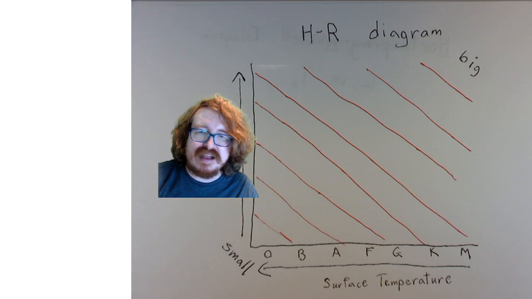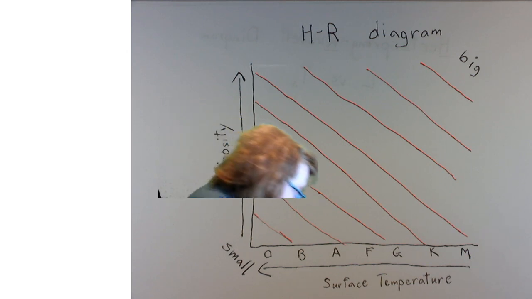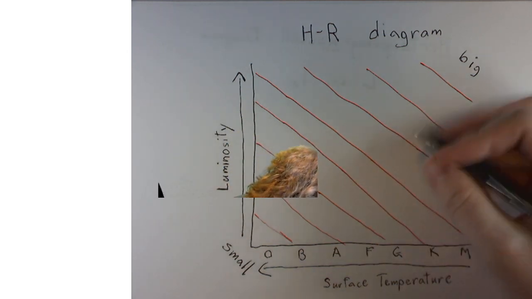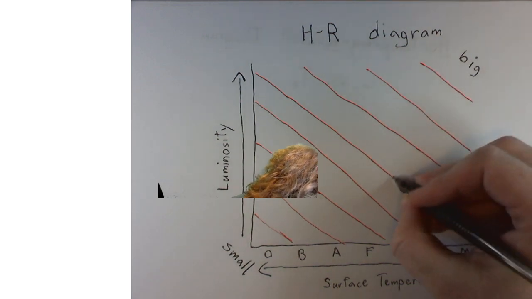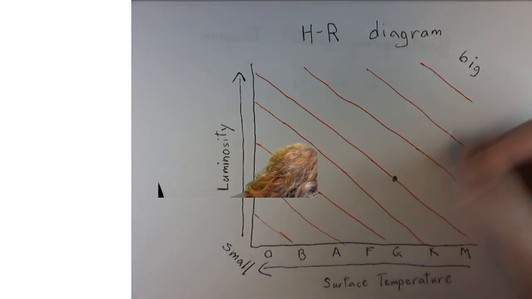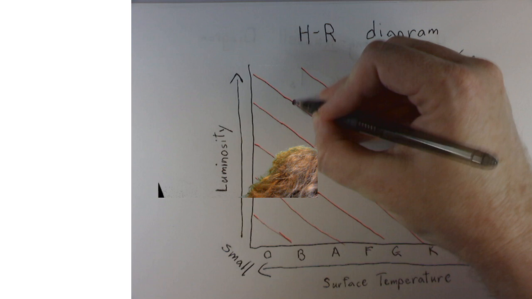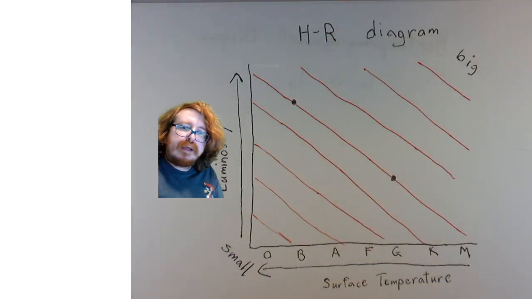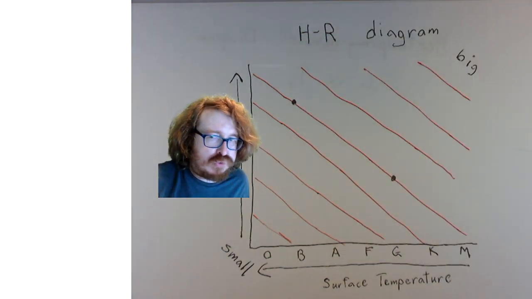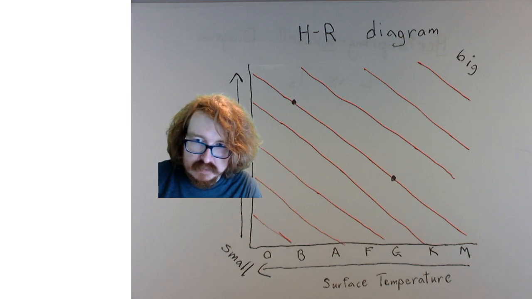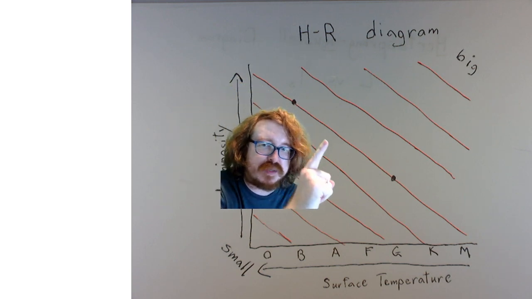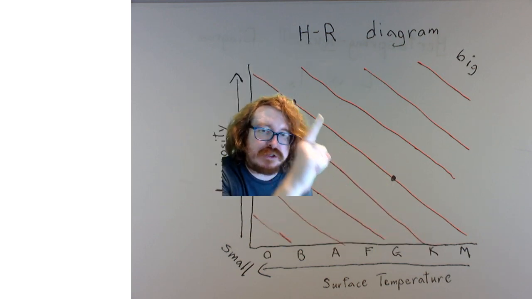So if we had two random stars on here, like let's say there was a star right here, and there was another star right here, then I already know that those two stars are the same size, right? Those two stars are the same size because they're on the same diagonal line here.